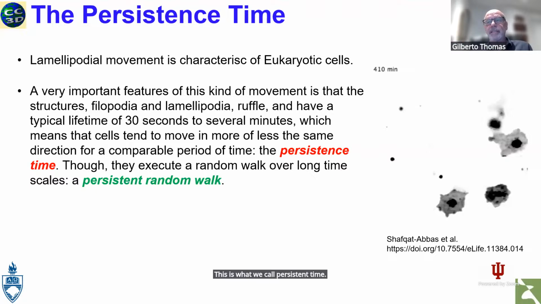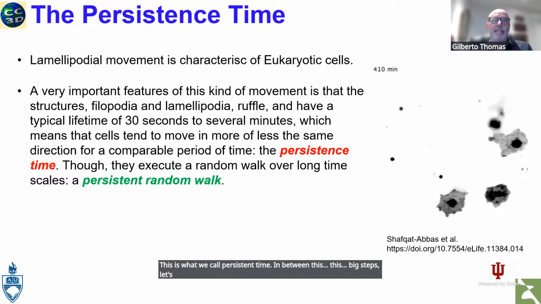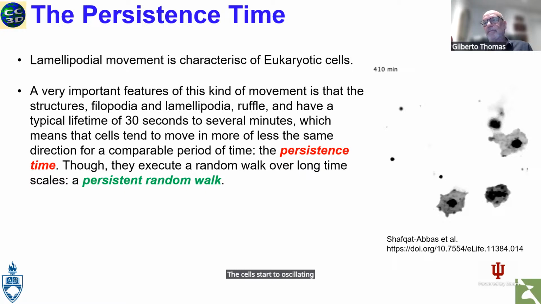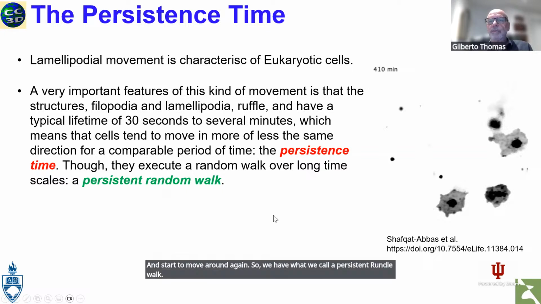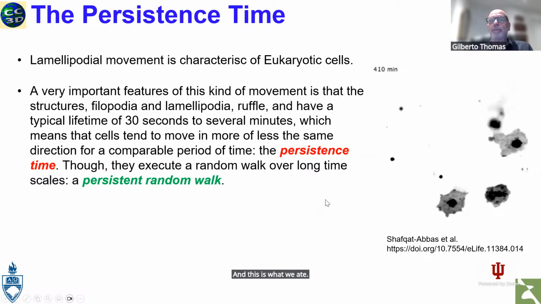In between these big steps, the cells start to oscillate their membranes or make some diffusive motions and start to move around again. So we have what we call a persistent Brownian walk.